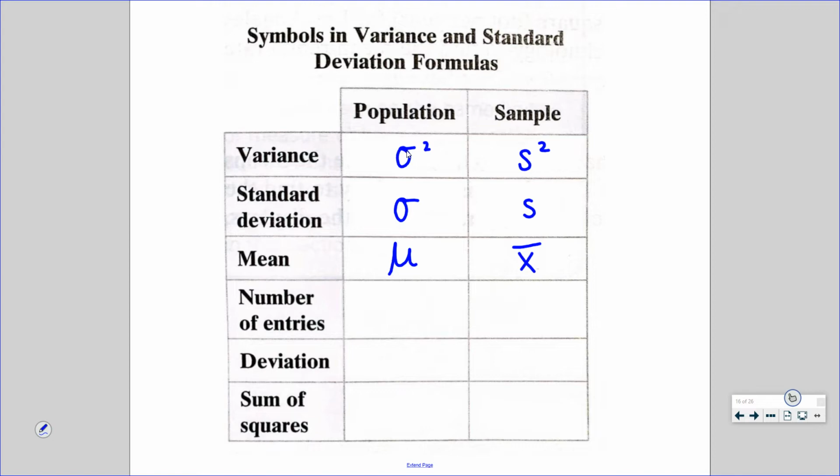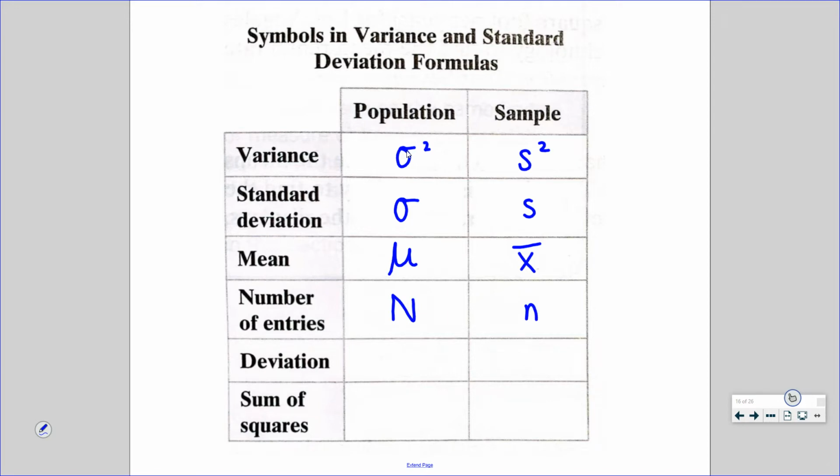I don't know why they specifically use each for this. I would just say they obviously have to have two different ones because it is different calculating standard deviation of a population versus just a sample. Number of entries: they use a capital N for population, lowercase n for sample.